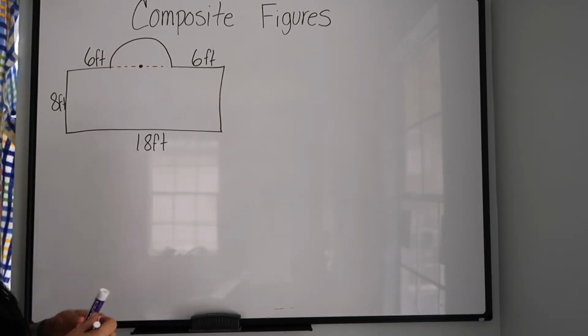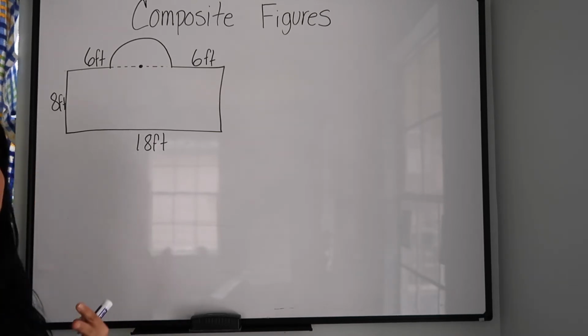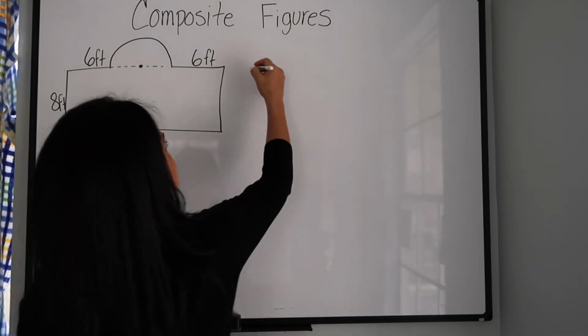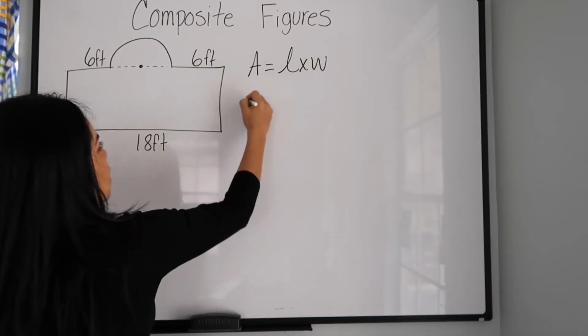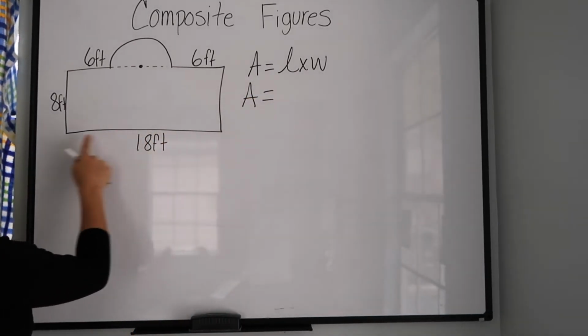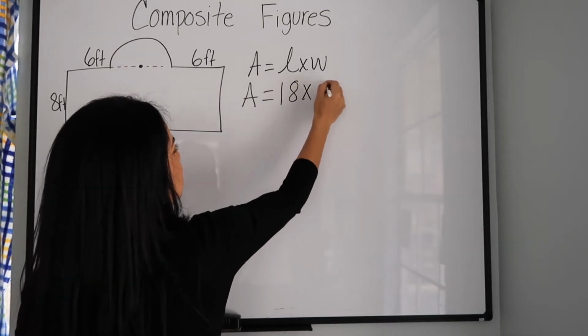Now, step 2, we have to locate the formulas and then calculate the area of each of them. So we're gonna start with the rectangle and say that the area of the rectangle is length times width. The length is 18, the width is 8 feet. So 18 times 8.